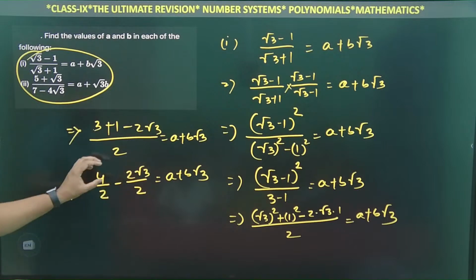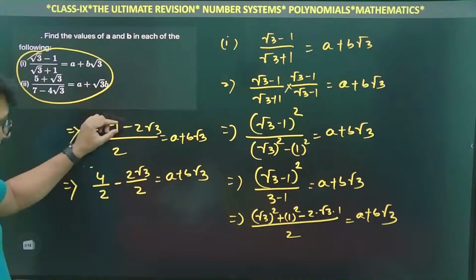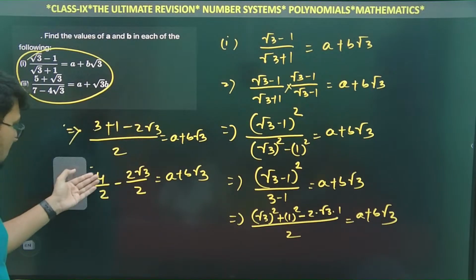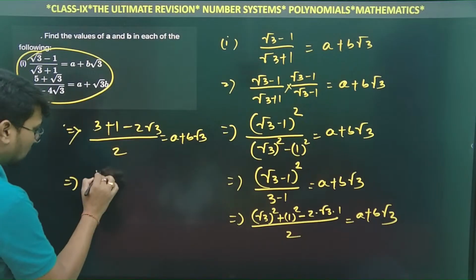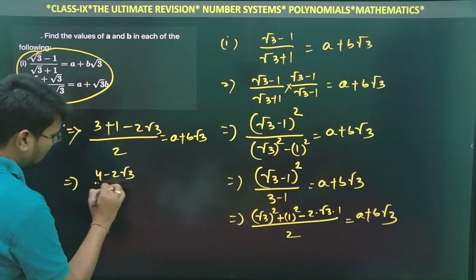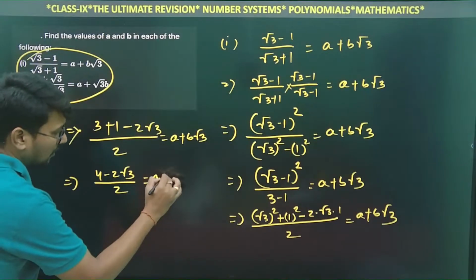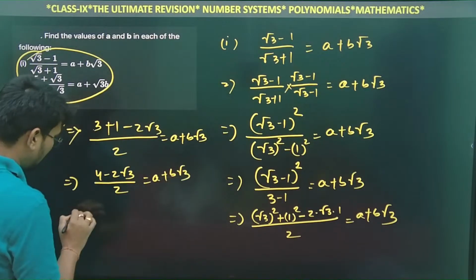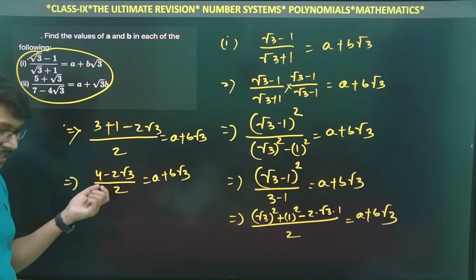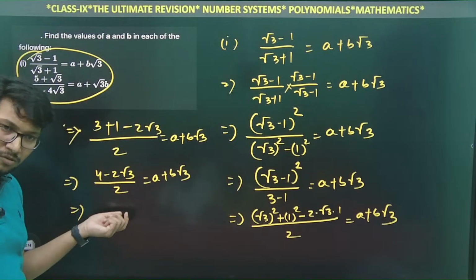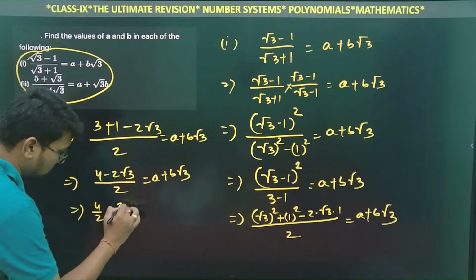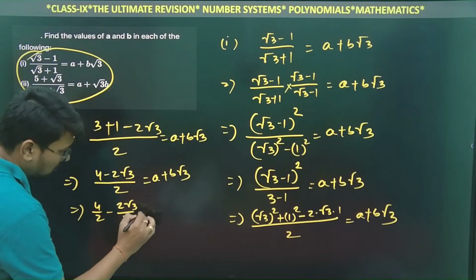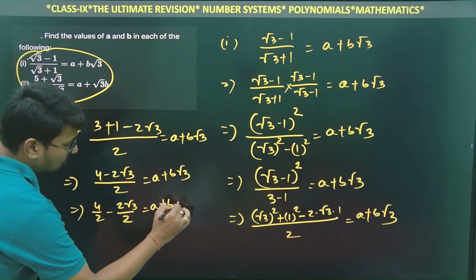Who has not understood this part? 3 plus 1 is 4, minus 2√3, whole divided by 2, equals a + b√3. After this, the next step: 4 divided by 2 minus 2√3 divided by 2 equals a + b√3.